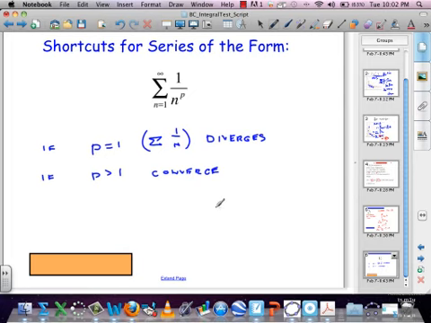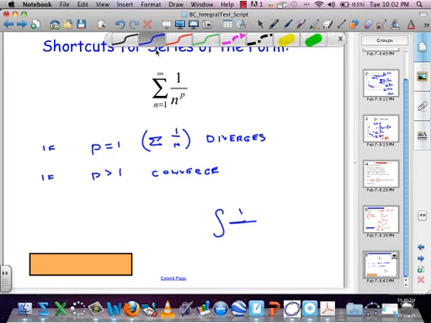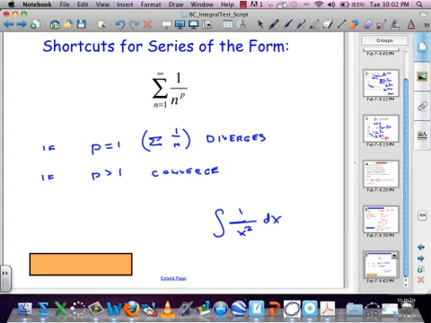Okay, now think about why that is. If you have an integral of 1 over n to the p, where p is bigger than 1. Okay, so we did n squared already. Remember, we're comparing this with a real valued function that's continuous. So let's do 1 over x squared. You could also do this for 3/2, like you just did, or 4/3, etc. When you do the integral, what happens?